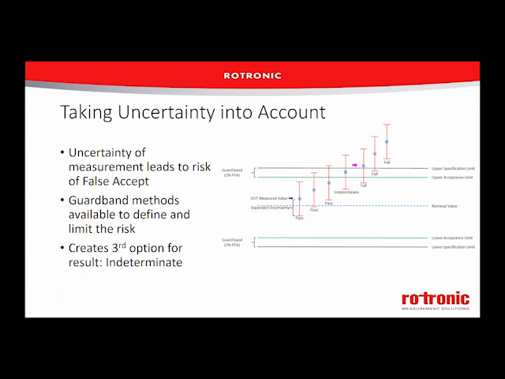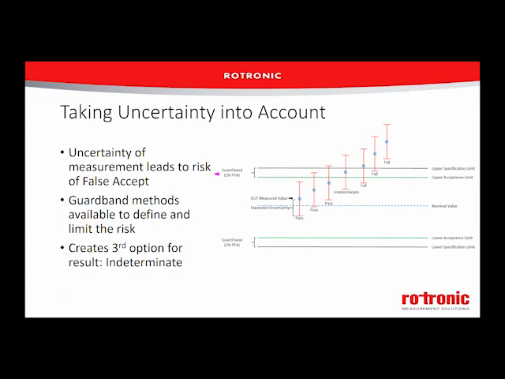So limit the risk that one of these points where the actual measured value is within tolerance is actually out of tolerance. And through some formulas, what we can do is create a guard band limit where we limit the risk of a false accept to 2%.